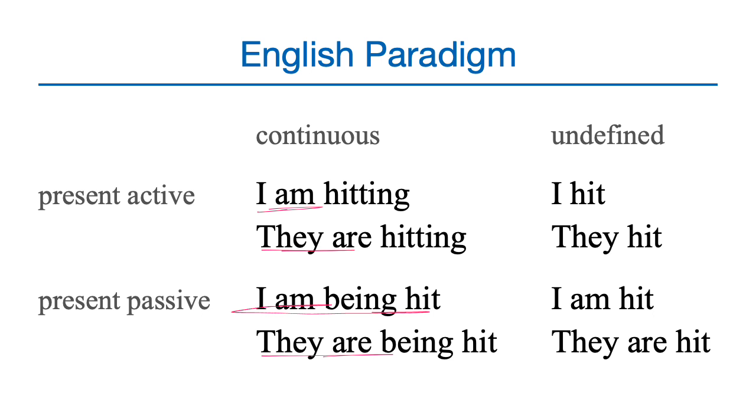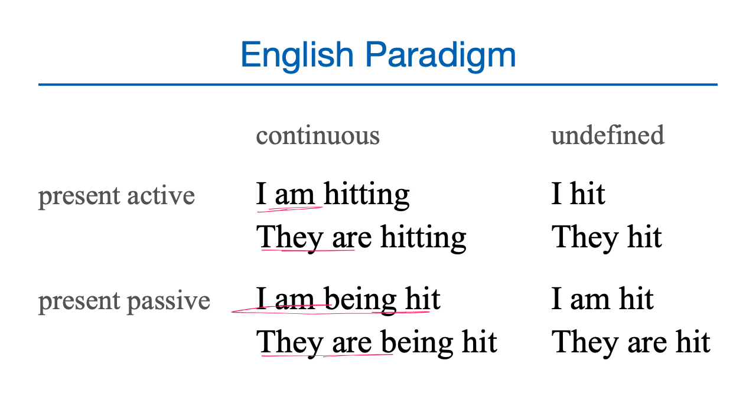Still in English, continuous and undefined. In the present active, we learn the present active means the subject is doing the action of the verb: I am hitting or they are hitting. But undefined, which is a simple past, will mean I hit or they hit. It doesn't tell you how the hitting took place. It just says it took place at a point in time.